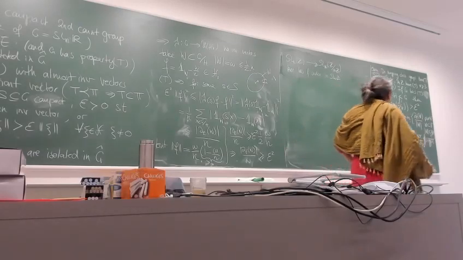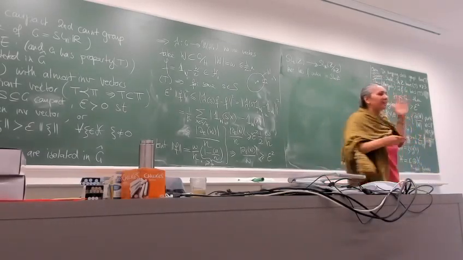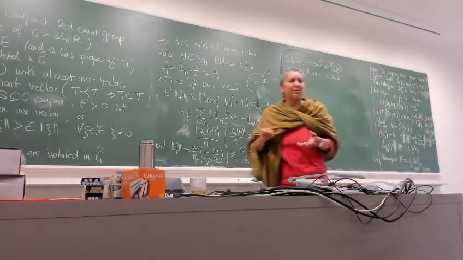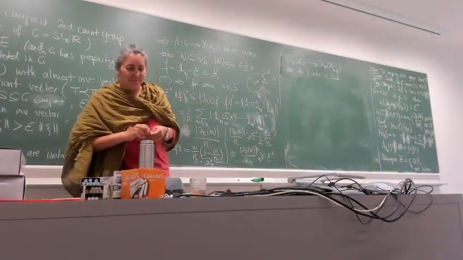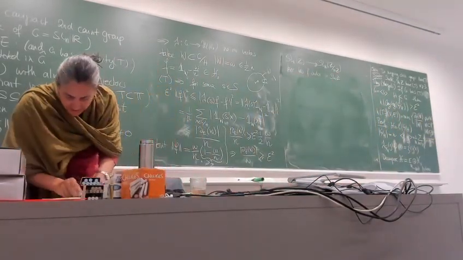And that's how you find them. Actually, SL_n(Z) is residually finite, so we know that it has a bunch of finite quotients.